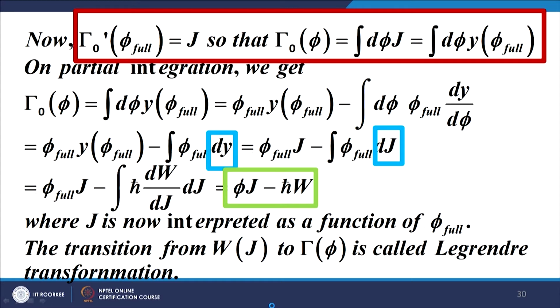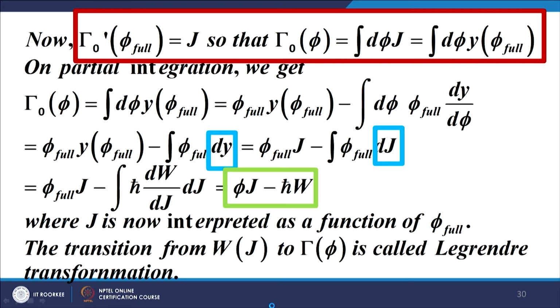Right. So, now we do an integration by parts. When we do an integration by parts, what we get is the expression phi full y of phi full minus integral of d phi phi full dy by d phi, taking y phi full as one function and 1 as the other function.